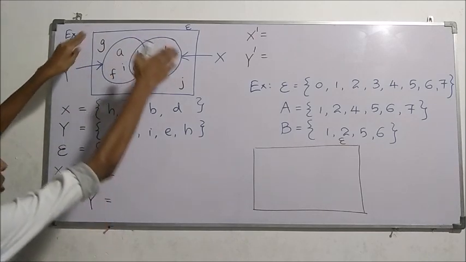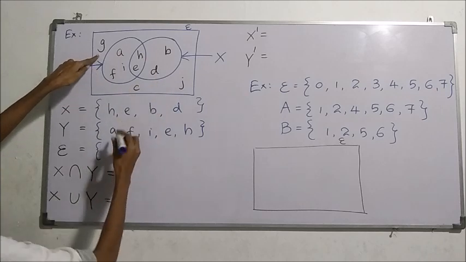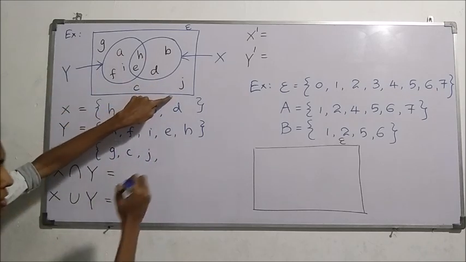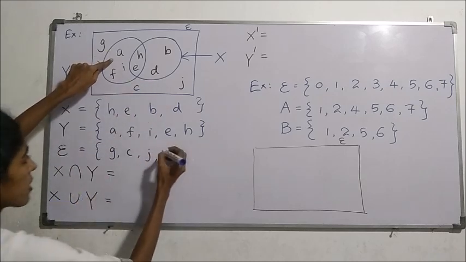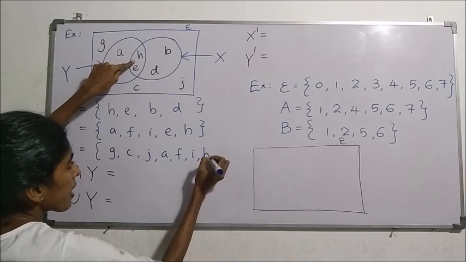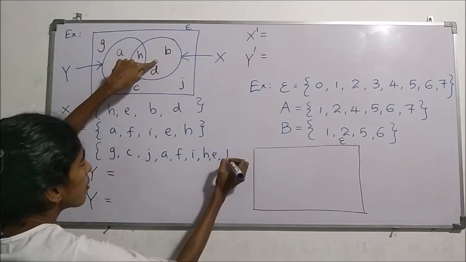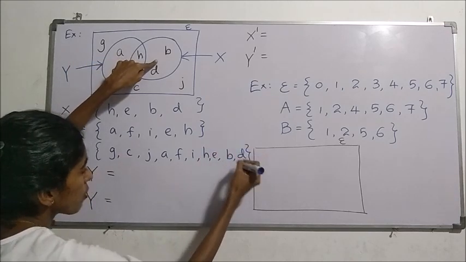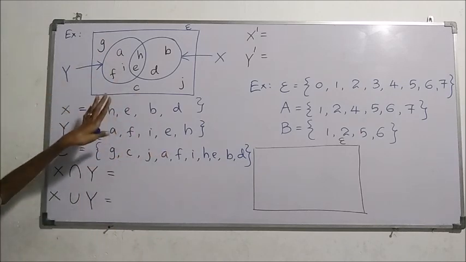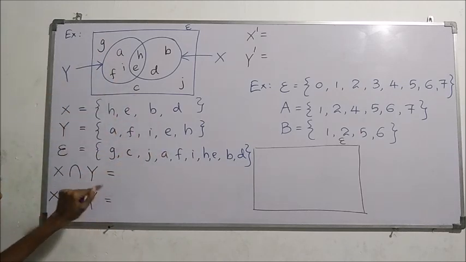From outside the circles, I am writing G, C, J first. Thereafter this side A, F, I, then H, E, B, D. Start from one region, so easily without missing any element, you can write all the elements here.